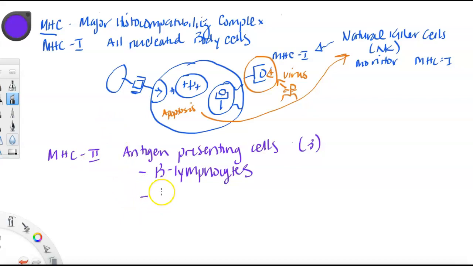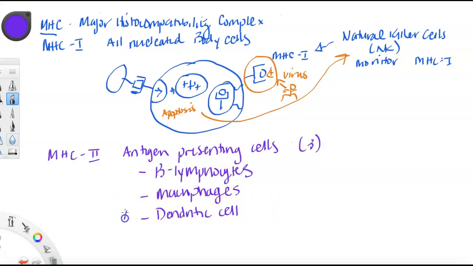All right, macrophages. So these are also cells that engulf and ingest pathogens, and then they can present those antigens on their plasma membrane, which can help to activate T helper cells and cytotoxic T cells. Okay. The last one is a dendritic cell.